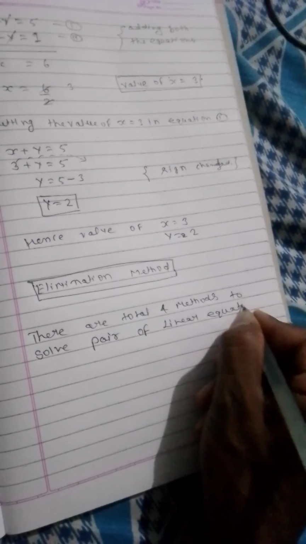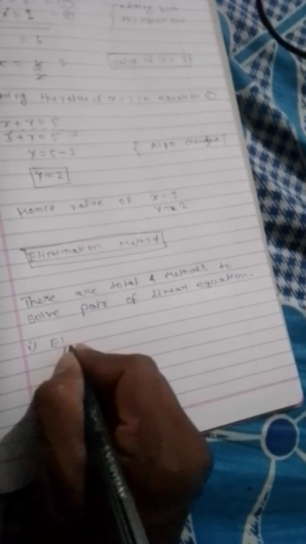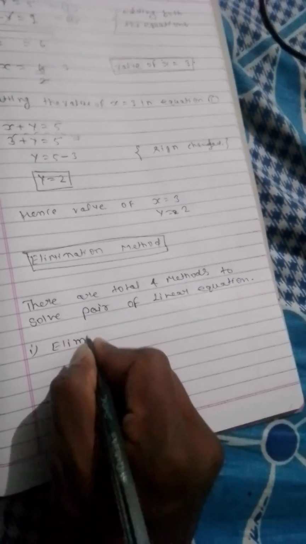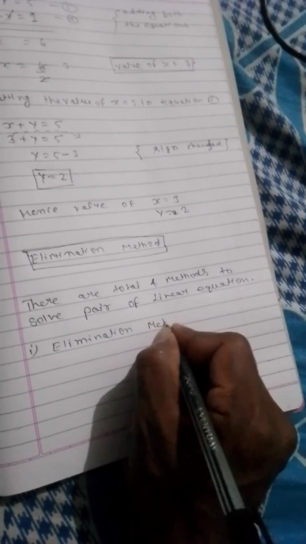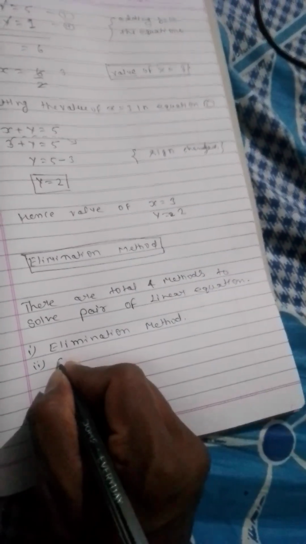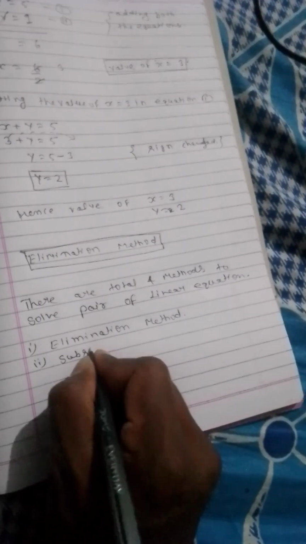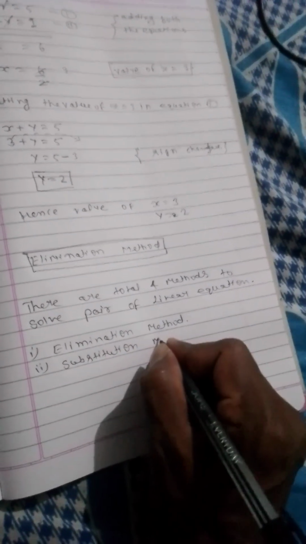First one is elimination method, which is very easy. Second is substitution method.